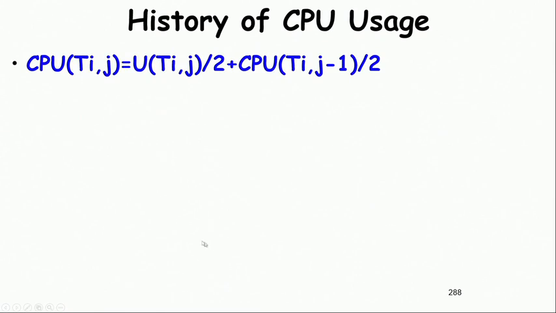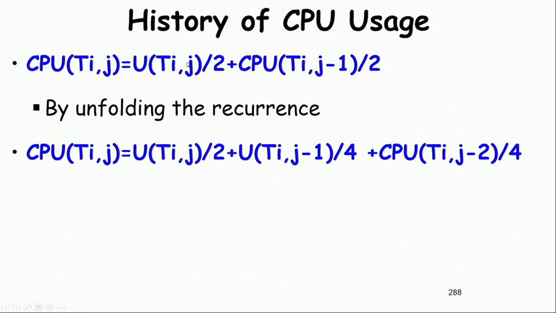Now, let us look at this term CPU Tij. CPU Tij is given in the form of a recurrence. That is, CPU Tij minus 1: half of the weightage is given to the history of CPU uses over instance j minus 1 and earlier, and half the weightage comes from the last time slice that it obtained, that is, how much it has used the CPU.